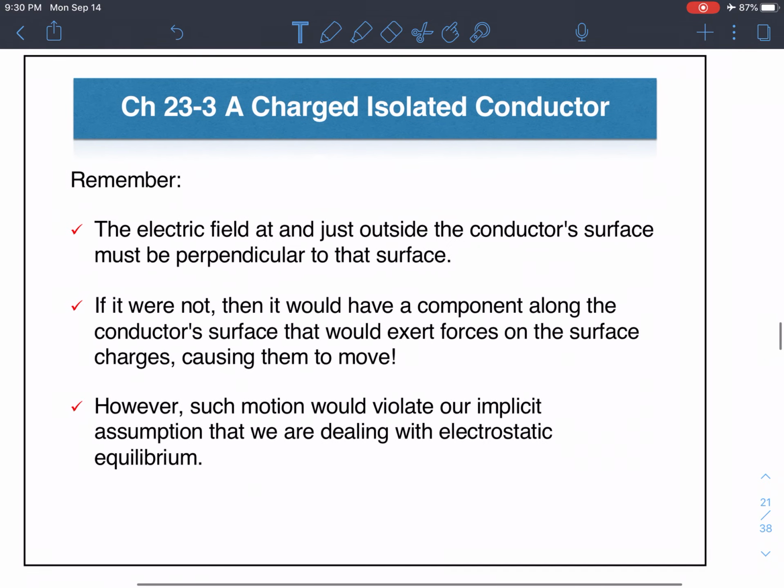So let's see. First, we need to remember these. The electric field at and just outside the conductor's surface must be perpendicular to the surface. If it were not, then it would have a component along the conductor's surface that would exert forces on the surface charges, causing them to move.